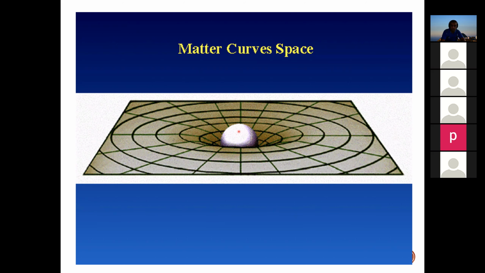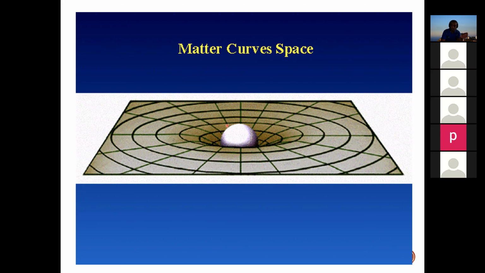Once you keep an object at the center, due to the mass of that particular object, the space around it is curved, right? This is the basic idea behind the general theory of relativity, which means the mass will curve the space, right? That's what happens according to the general theory of relativity.